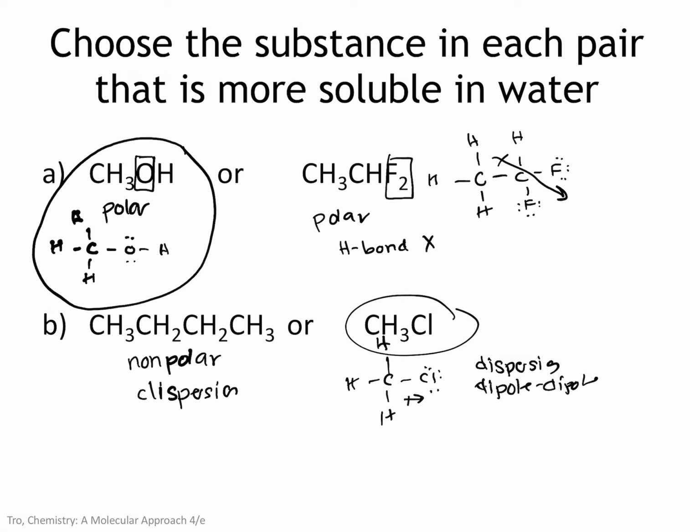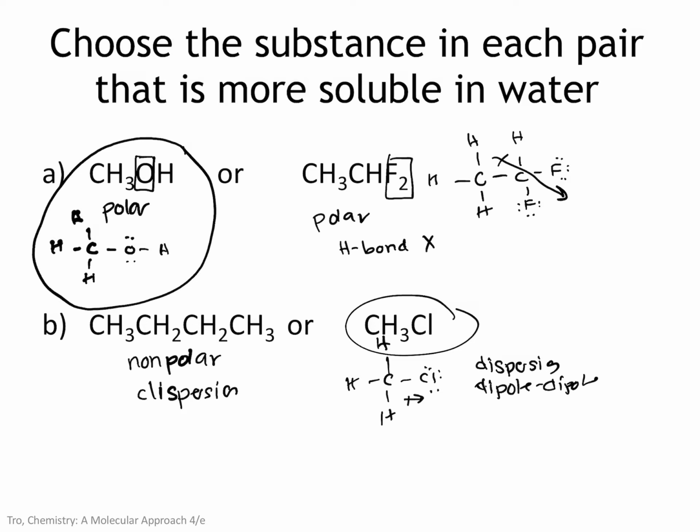So which is more soluble in water? What I circled was the one that's stronger. We know methanol is the stronger one because it has higher intermolecular forces, and CH3Cl is more soluble than the nonpolar one because it has higher intermolecular forces.